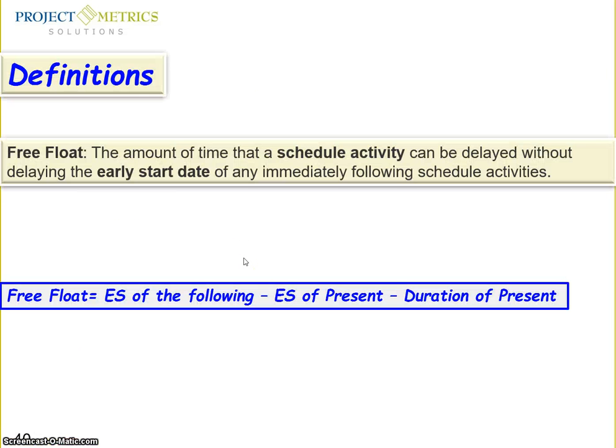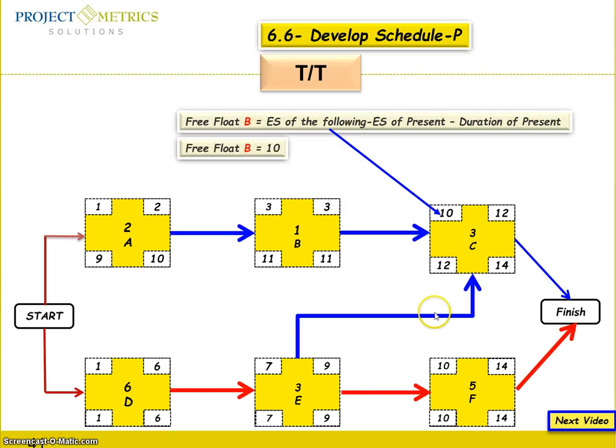Another expression is called free float, which is the amount of time a scheduled activity can be delayed without delaying the early start date of an immediately following scheduled activity. So they came up with the equation: free float equals the early start of the following minus the early start of the present minus the duration of the present.